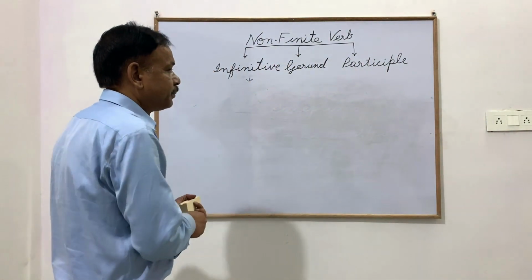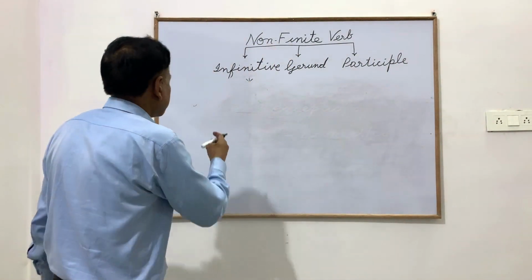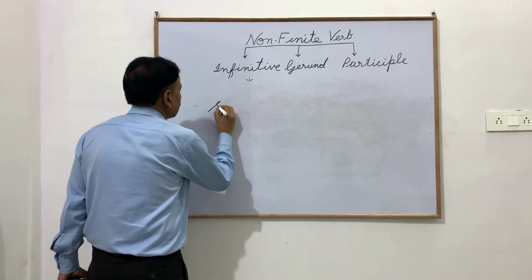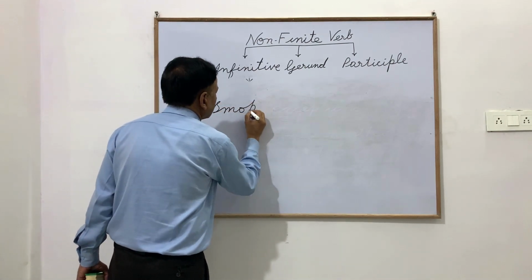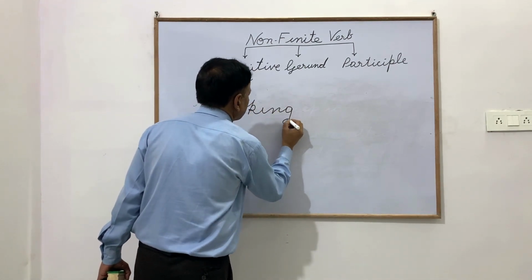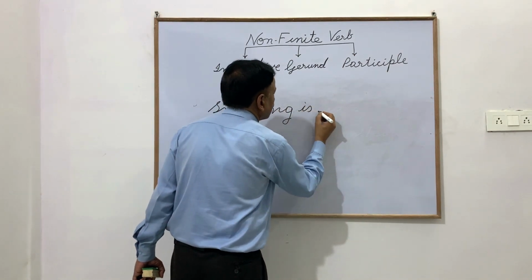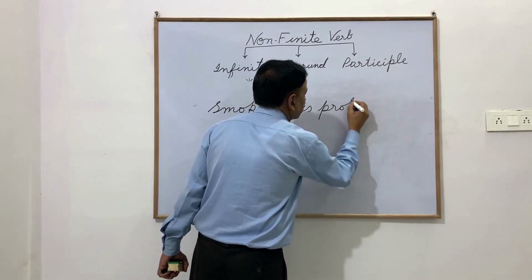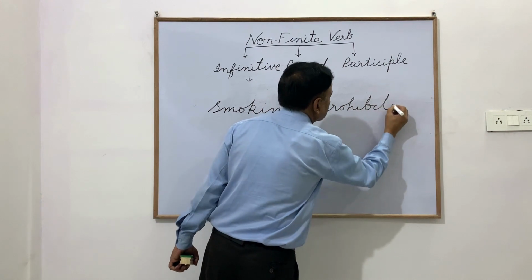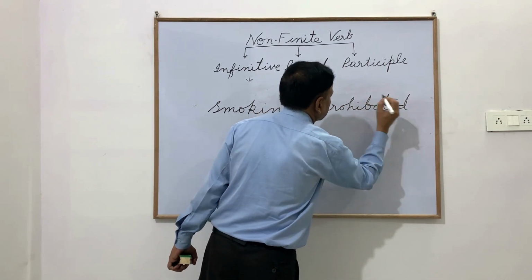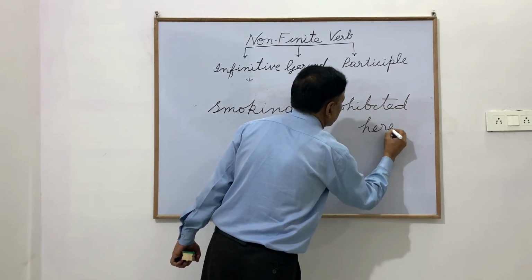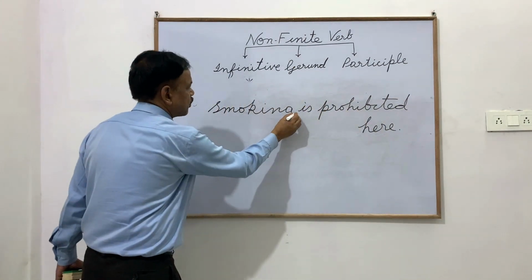Now, gerund. Suppose I say, smoking is prohibited here. Smoking is prohibited here. Now this is prohibited.